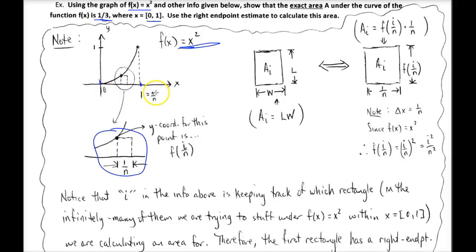If we put that in terms of n, that goes from 0 divided by n to n divided by n. Any width of our rectangle would just be 1 divided by n, and that comes from what I'm talking about over here.